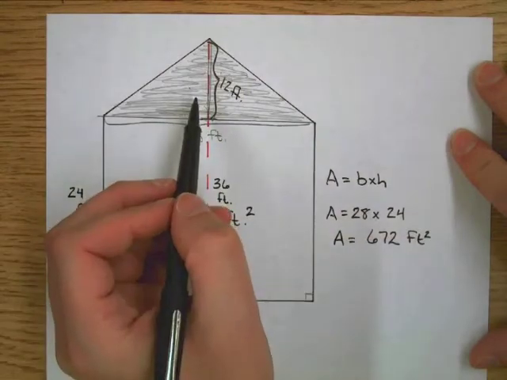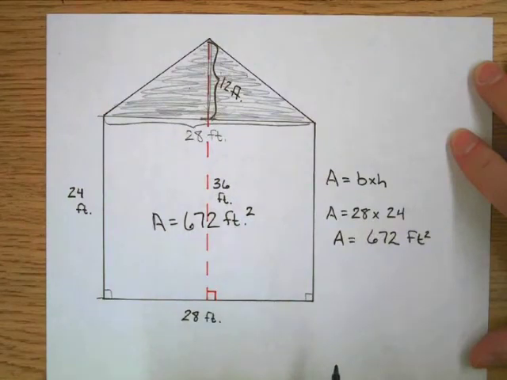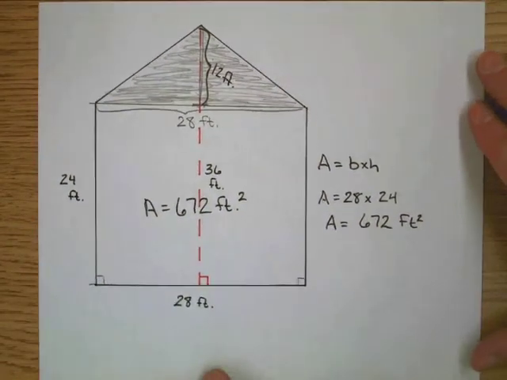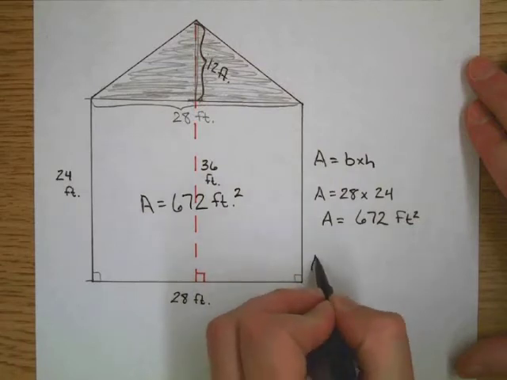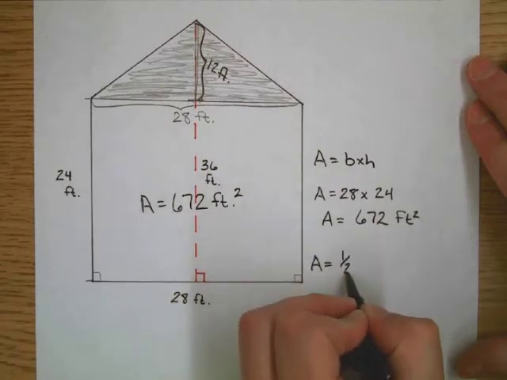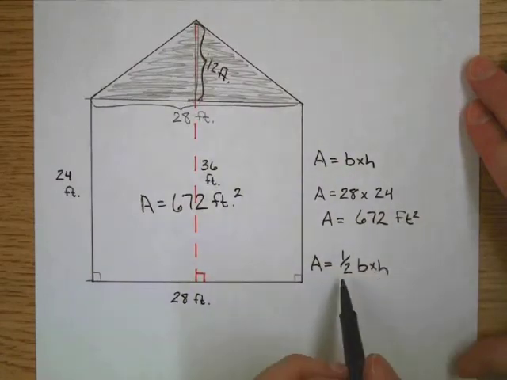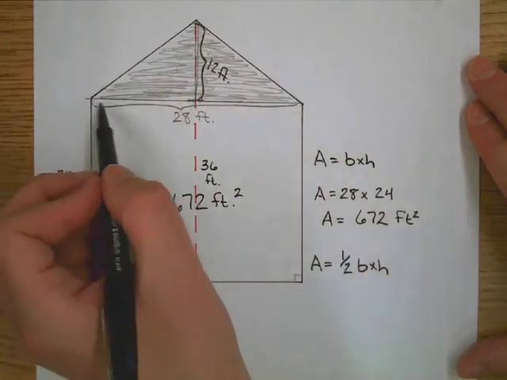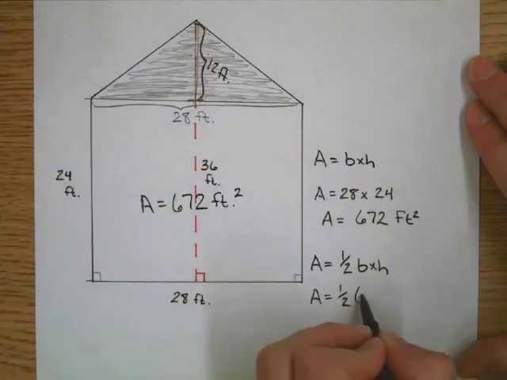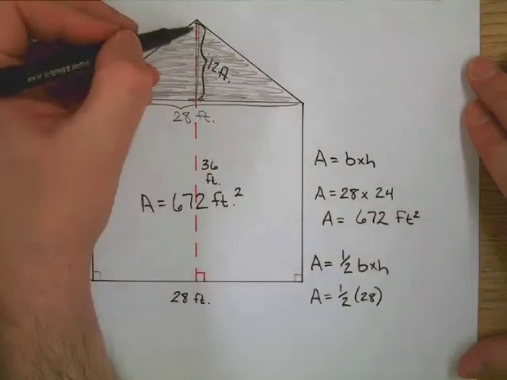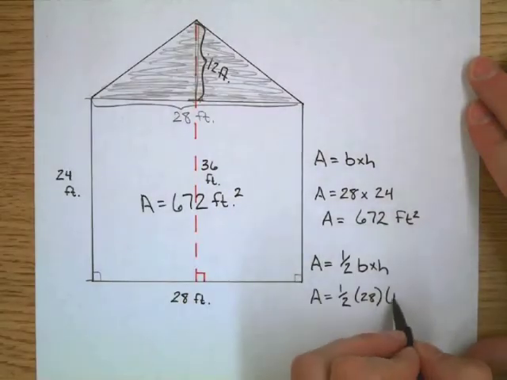But I need to figure out this area up here. That's just the rectangle. I need to know the triangle as well. And my formula for finding a triangle is area is 1/2 of the base times the height. And so I can look here, I have this base of 28 feet. And my height in this case is this distance right here, which is 12 feet.